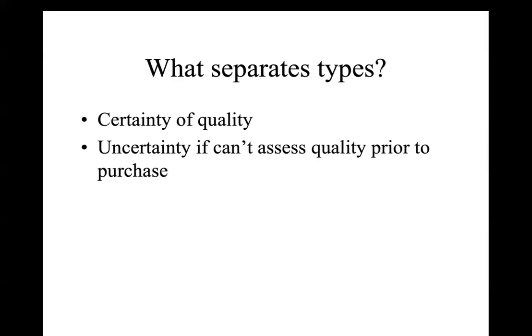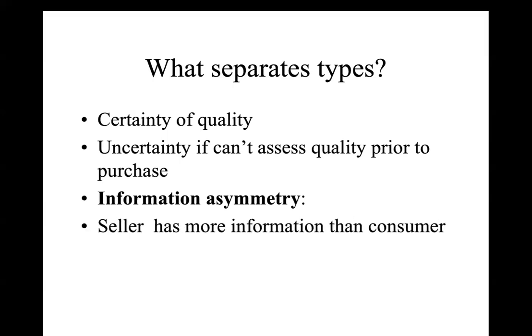All right. So what separates the types, right? Well, we can answer this pretty quickly. Certainty of quality and efficiency of the marketplace. Now, one of the things that we realize, regardless of the type of good, is that there is some level of information asymmetry, right?